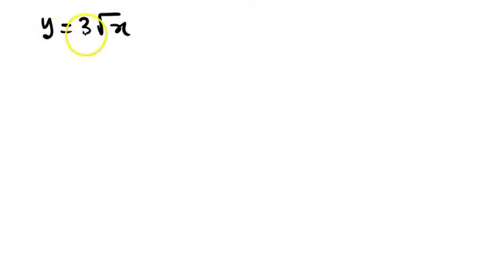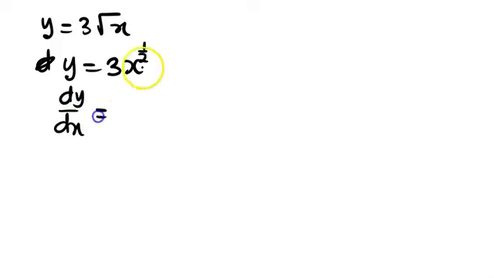Now the fifth one, which is y is equal to 3 root x. Anytime you have root, you need to rewrite it in a form that you can easily differentiate. So y will be 3 times x. The root, we can write it as x raised to the power 1/2. So dy/dx then becomes 1/2 times 3x, 1/2, we reduce it by 1.